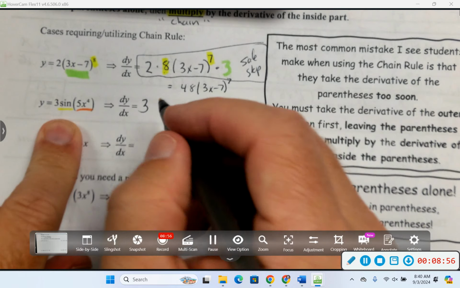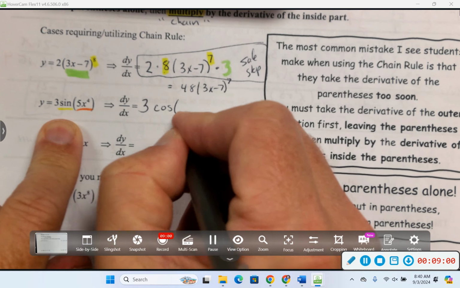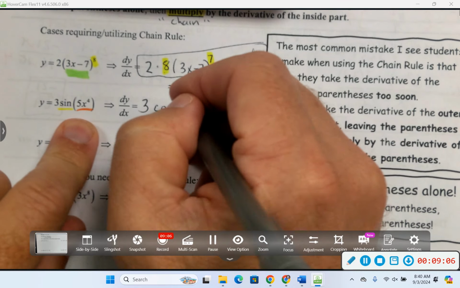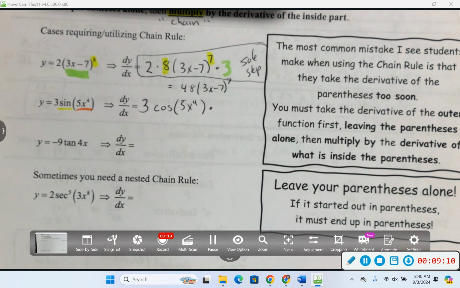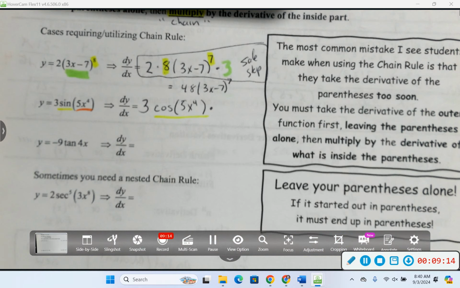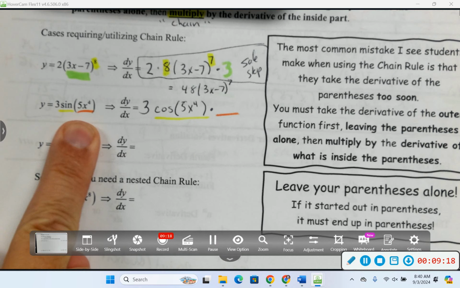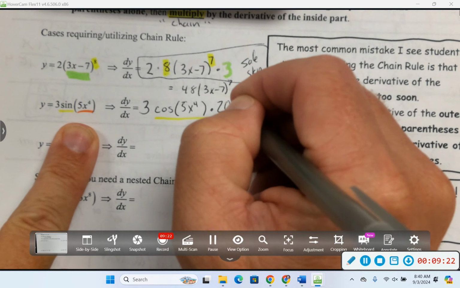What's the derivative of sine? Cosine. Now that's the first layer, so we don't do the inside stuff. So we leave the 5x to the 4th alone. So there's my outer derivative, and then my inner derivative. What's the derivative of 5x to the 4th? 20x to the 3rd.